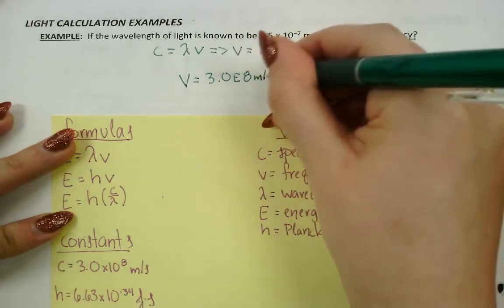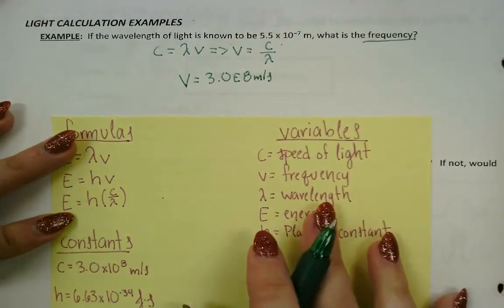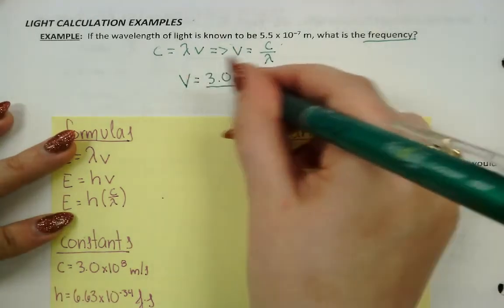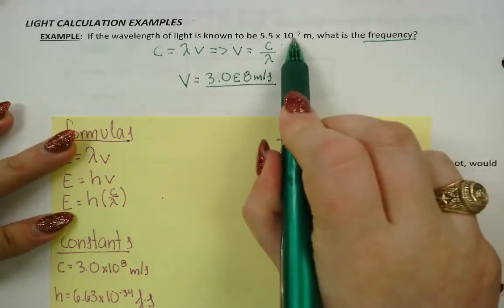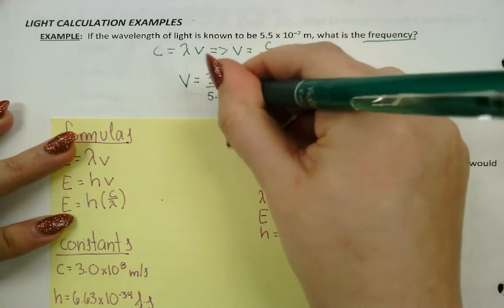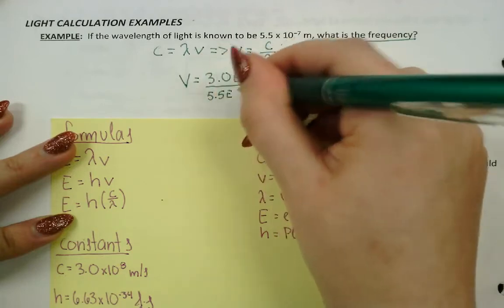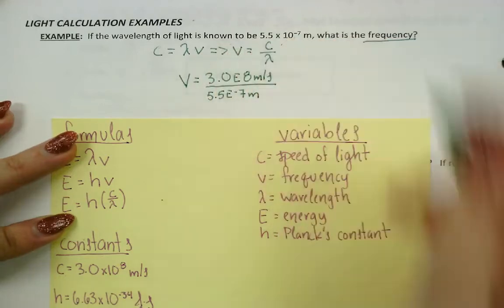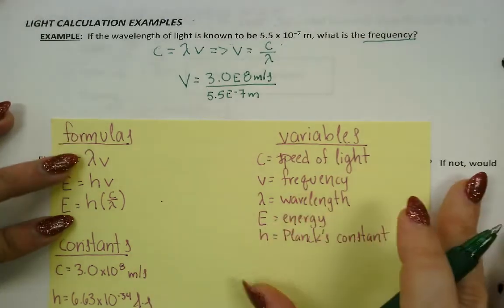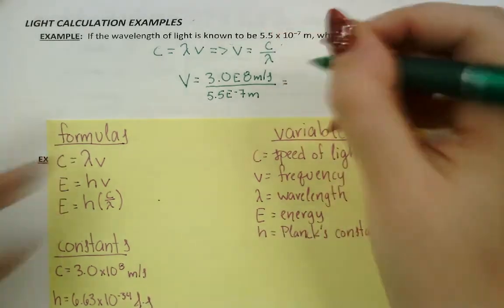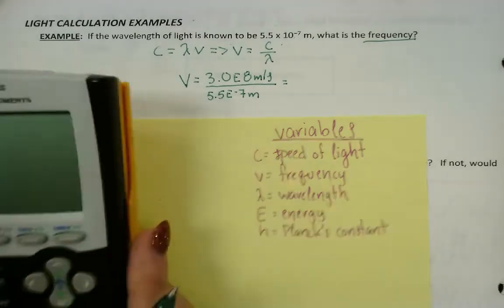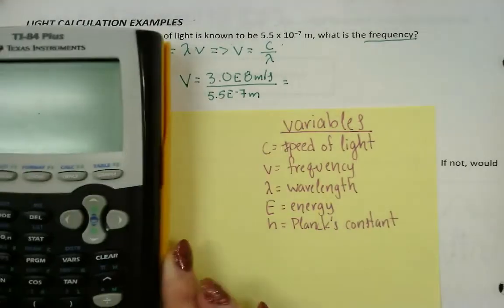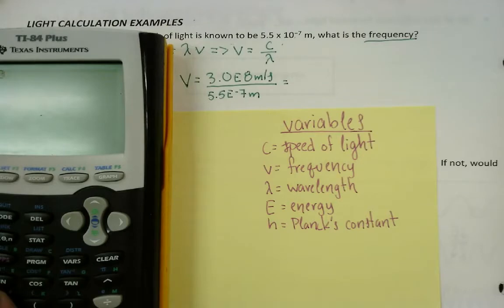So 3.0 E 8 meters per second, divided by our wavelength, which was given to us in the question, 5.5 E to the negative 7 meters. Now we're solving for frequency, so all we have to do is divide.